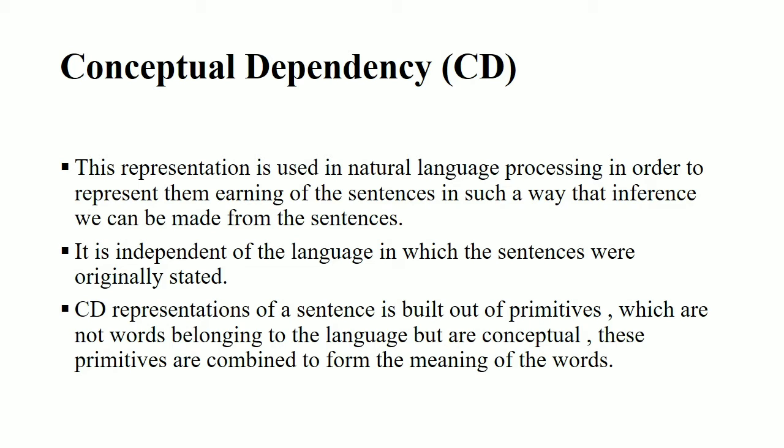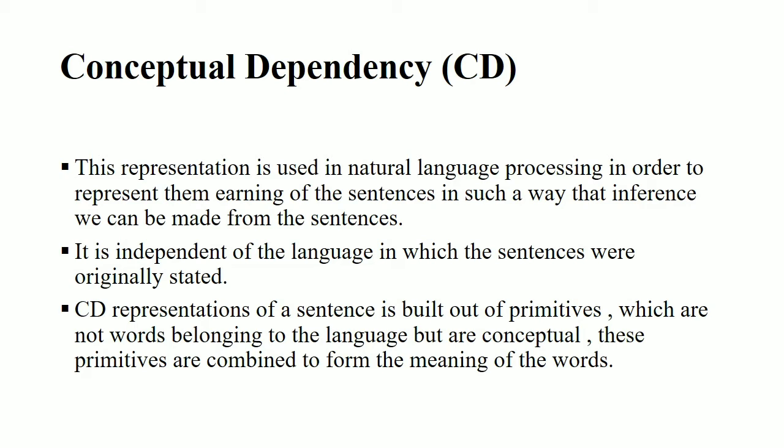So the CD representation, that is the conceptual dependency of a sentence, is built out of primitives. As I said, in script also we use the same primitive concepts, which are not words belonging to that language. So the words that we are expressing for this knowledge are different from the respective language.